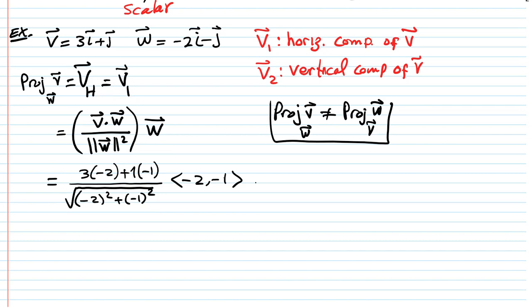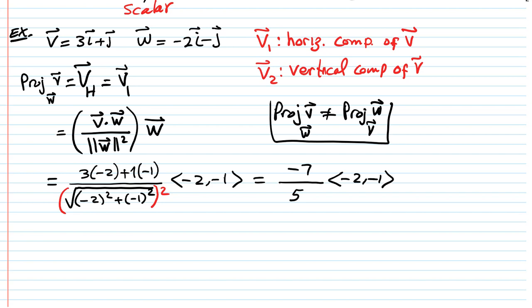All right, so what is this going to become? The numerator is negative 7. The denominator is going to be 5, because you have the square root of 5. Oh, and in the denominator, by the way, we were squaring it. I forgot to square it. The magnitude is the square root of 5, but then you have to square it. So that's going to be negative 7/5, and then we multiply that by vector w.